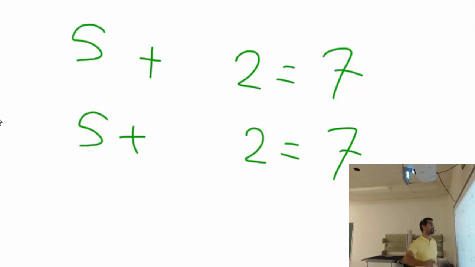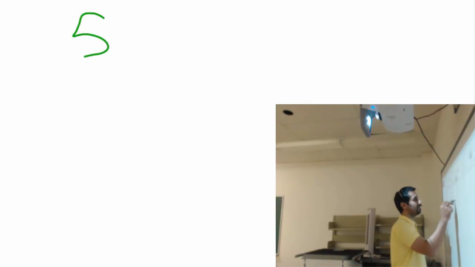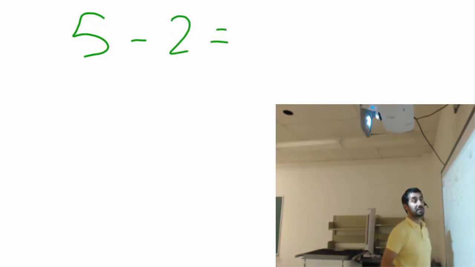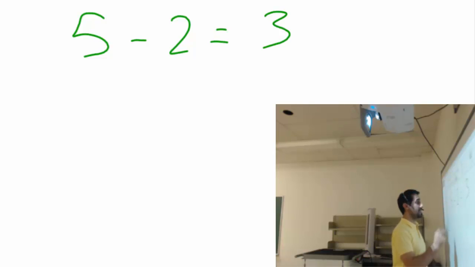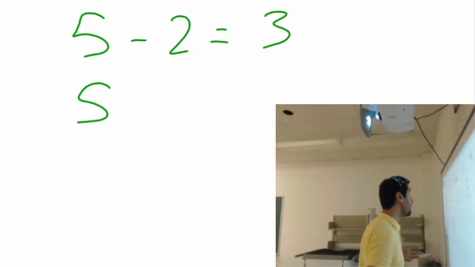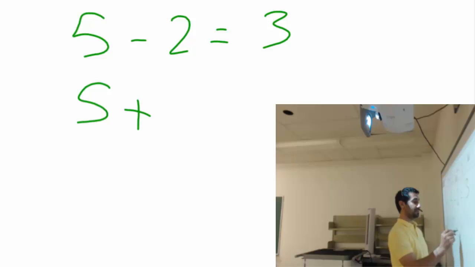And now let's do subtraction. 5 minus 2. What's that? 3. Now, I'm going to add more signs to it. I'm going to add the plus sign here, and then I'm going to have minus 2 once again.